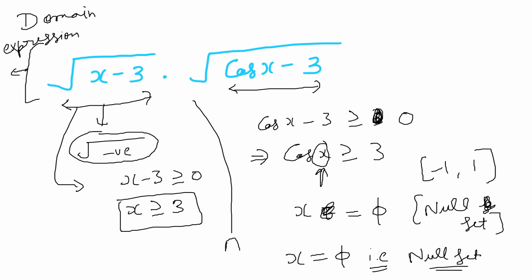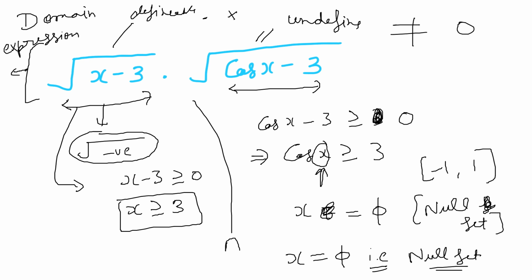So clearly this is undefinable, meaning undefined, and this is definable. If the dot here represents the sign of multiplication, clearly our answer is not equal to 0.